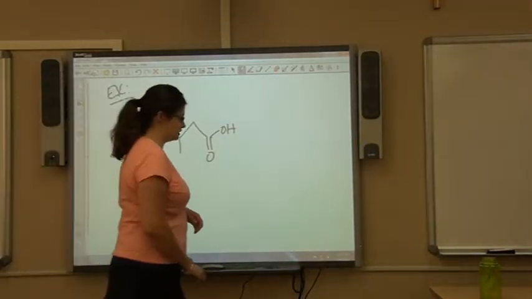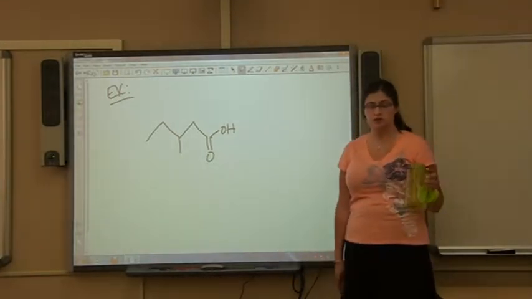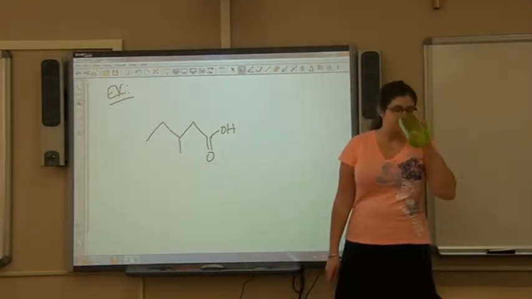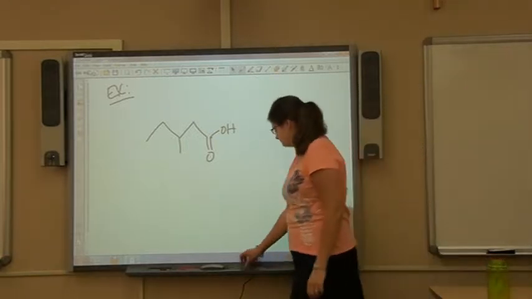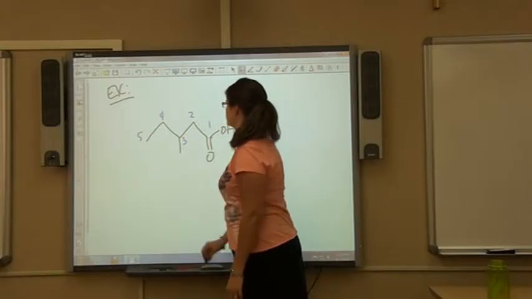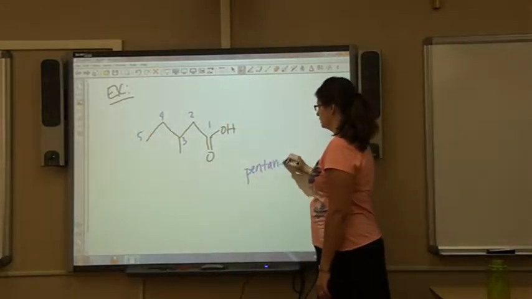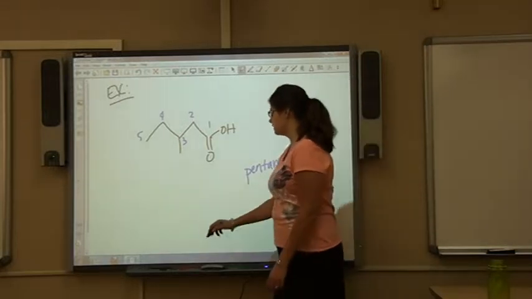Okay, let's do a few examples of this new type of nomenclature. Find your longest carbon chain and number. Okay, so we have 5, that would be pentane. We've got one substituent, we've got 3-methyl.